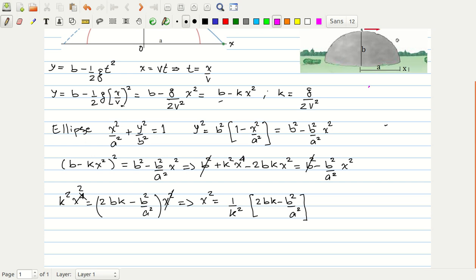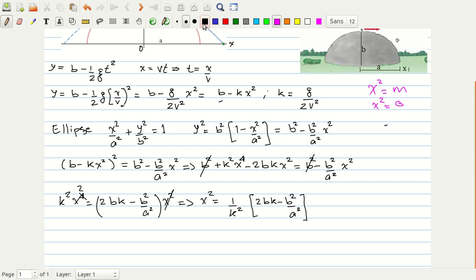If I say that x square is equal to m, and I'm saying that x intersects at only one place, there can be only one possible value for x, what should be m? It can only be 0, because x square is equal to 0 gives us only one value, which is x is equal to 0. If x square were 4, you would get two values, which is plus 2 and minus 2, right?